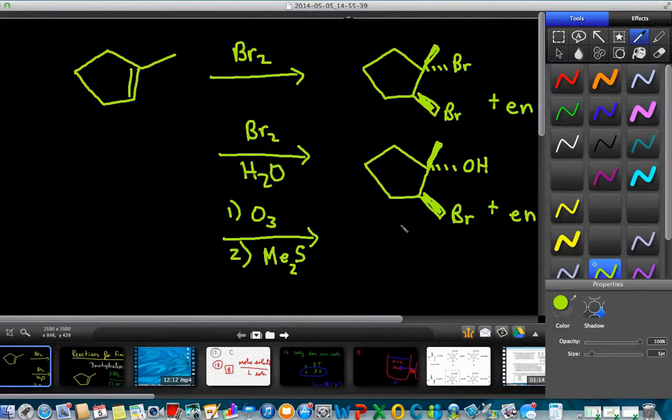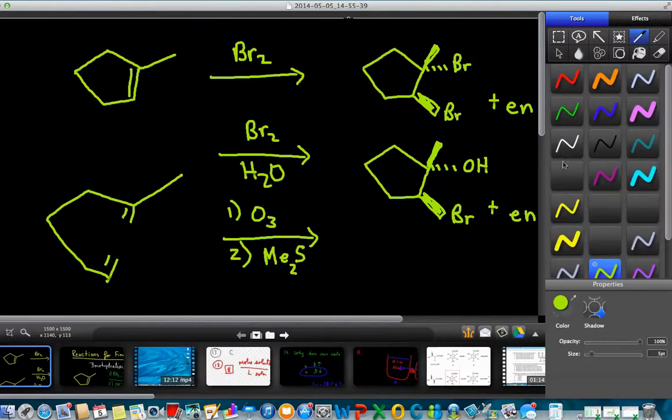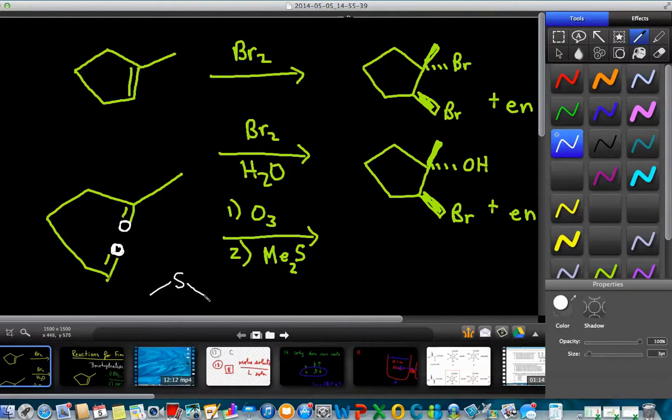And with ozonolysis, just to remind you, if one draws an exaggerated double bond, we can erase between the double bond, and two of our three oxygen atoms from ozone become incorporated into the molecule, and the third one becomes incorporated to make DMSO, which is our minor product, our non-organic product.